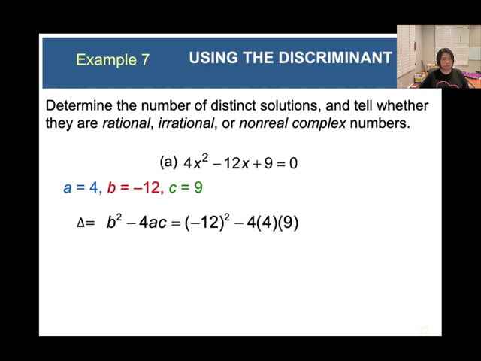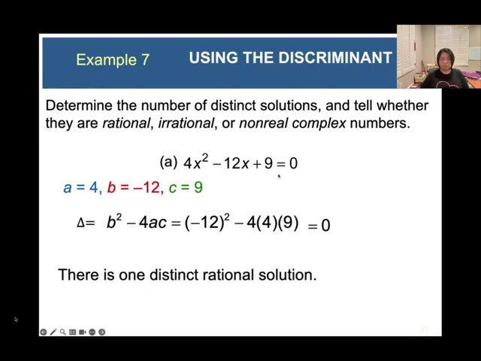You should get this. That's equal to 0, right? Equal to 0 means they only have one rational solution. You can use the X method to factor this, and you should find the repeated solution.